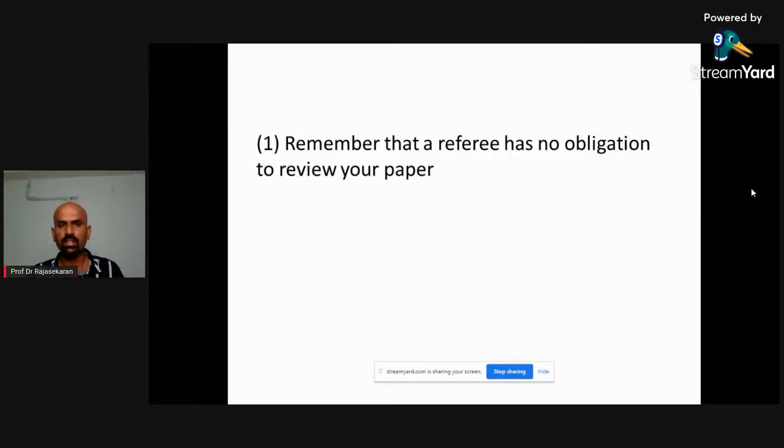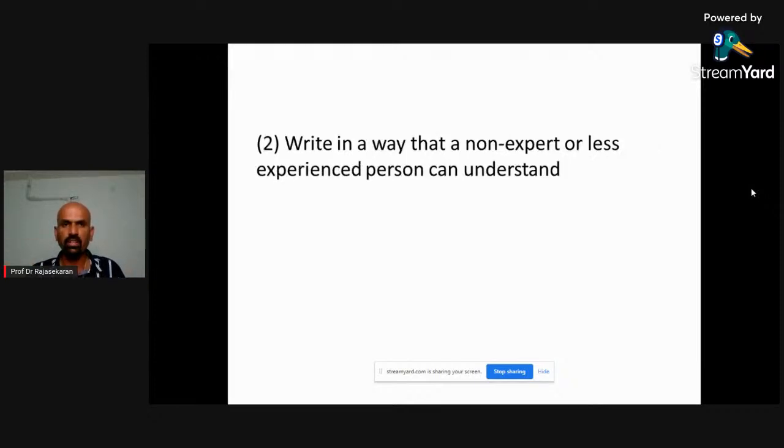In case it is shabbily written, they will not review. They'll just return the paper to the editor. Write in a way that even a non-expert or a less experienced person can understand, because once it's published in the particular journal, anybody who wants to read the paper should understand.